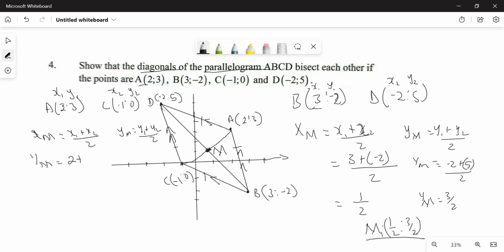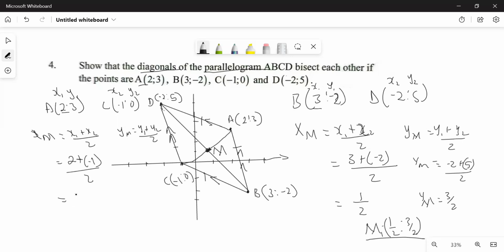It's 2 plus. I wrote y midpoint, but it's supposed to be x midpoint here. So here it's 2 plus minus 1 all over 2.